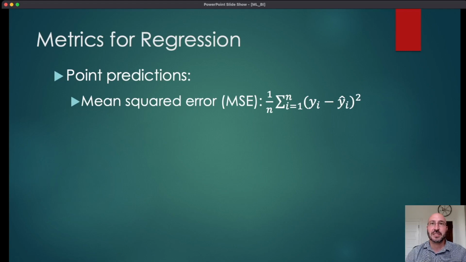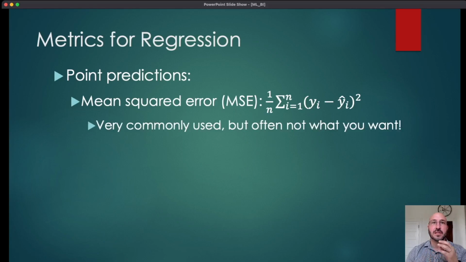How does the mean squared error work? For each data point, you take your prediction and the right answer, you find that distance, you square it, and then you add them all up across all the data points and take the average, dividing by the number of data points. That's what we have here in this formula.